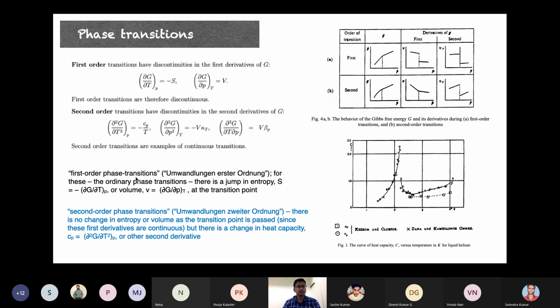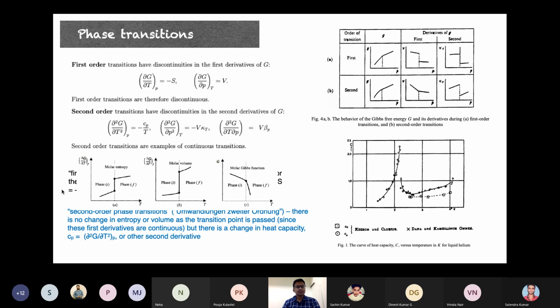It was written in German, and if you translate the German phrase into English, it reads first order phase transitions. And I'm sure, like me, you'll have some difficulty pronouncing the German phrase. Anyway, so this is the case.